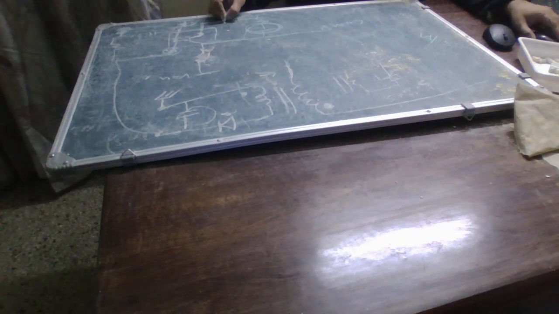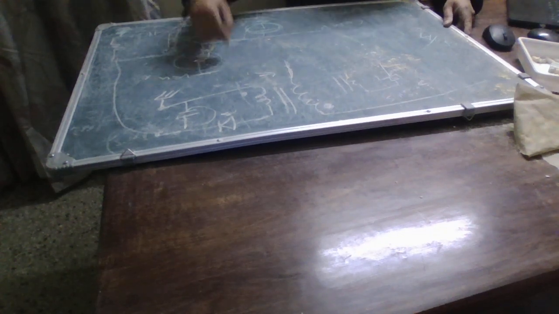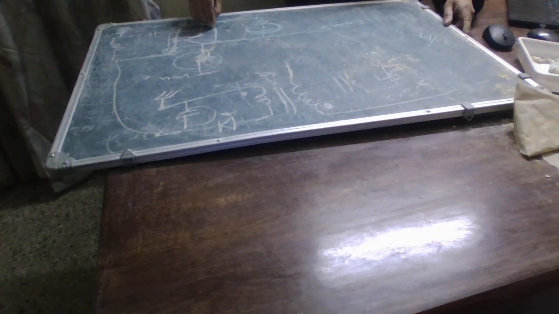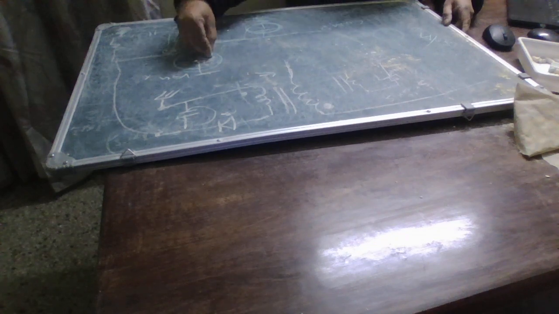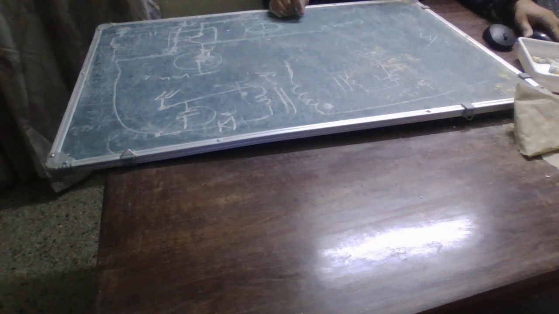So we know this is a compensating capacitor, and this optocoupler is going to have its own parasitic capacitance, and that value is going to depend on this pull-up resistor here.